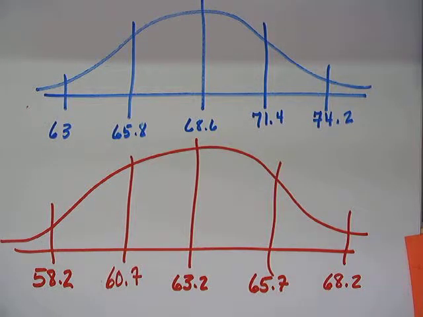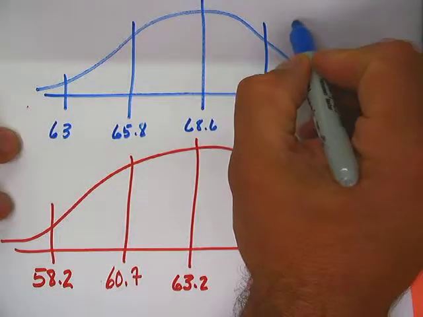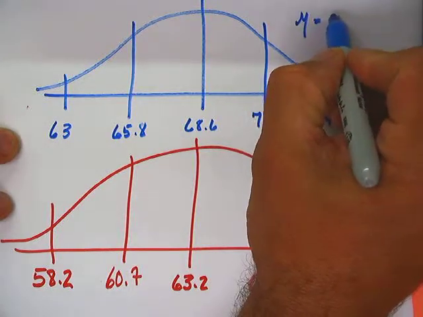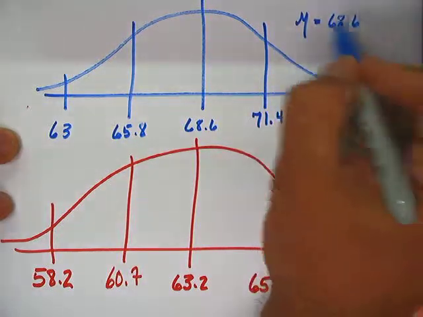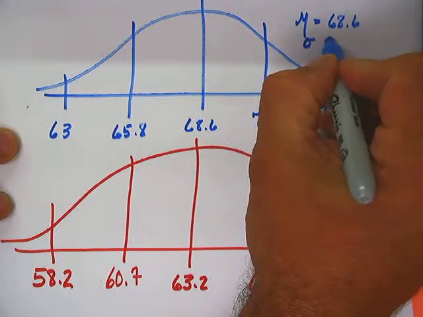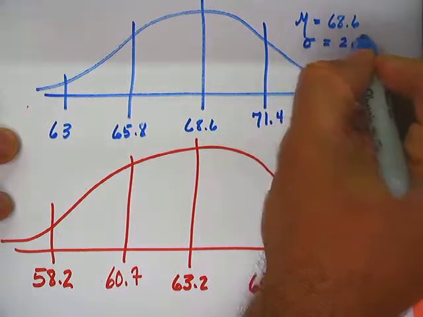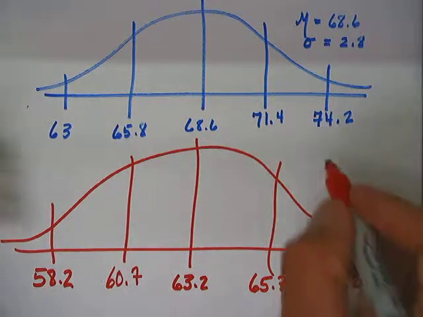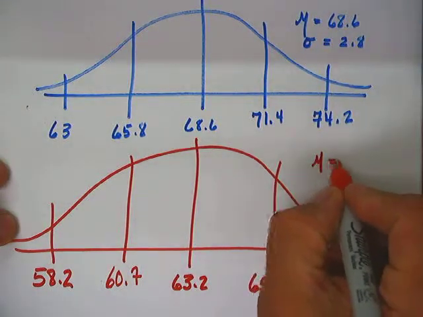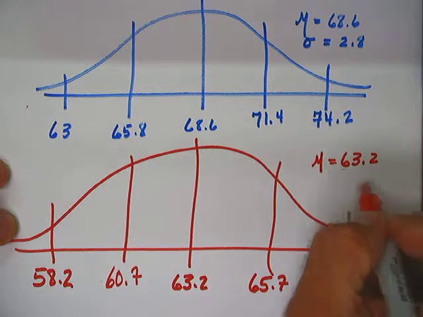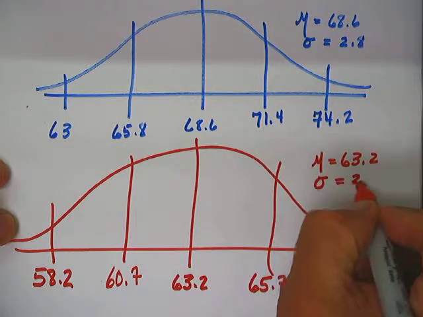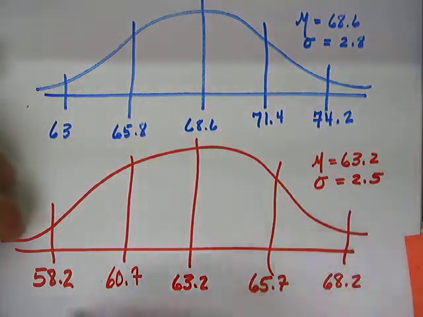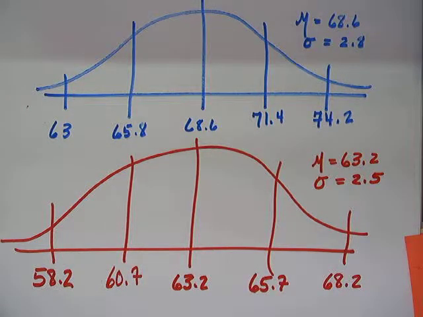The men have a mean of 68.6 with a standard deviation of 2.8, and the women have a mean of 63.2 with a standard deviation of 2.5, and that's how you get these numbers on the bottom.